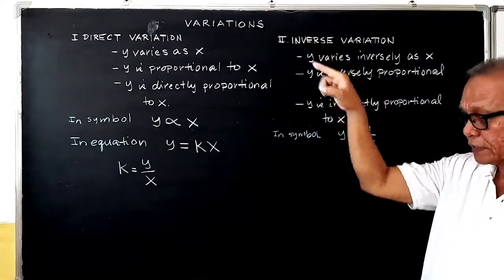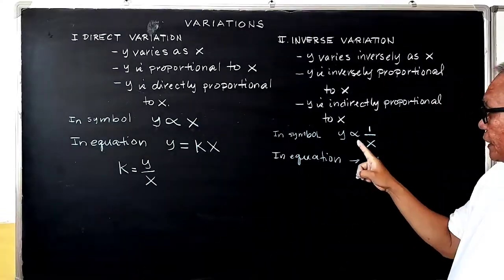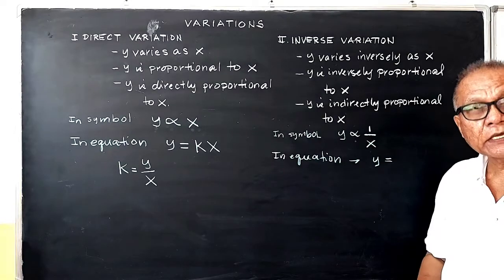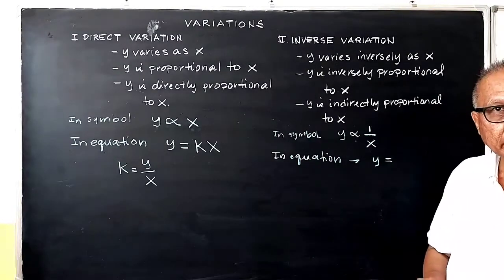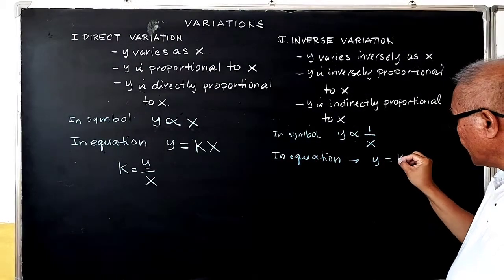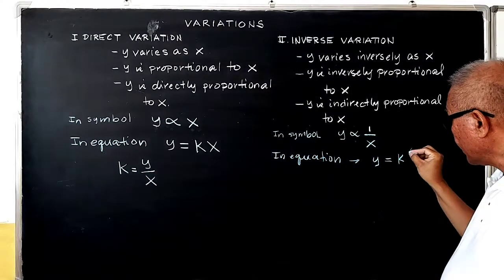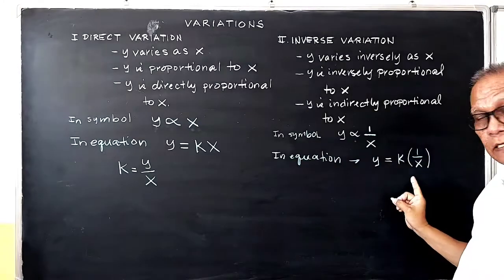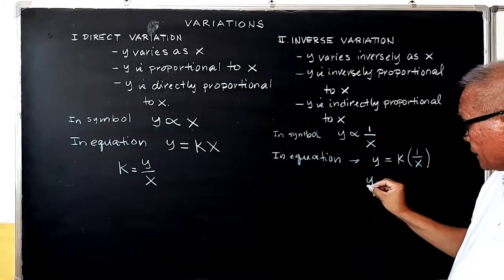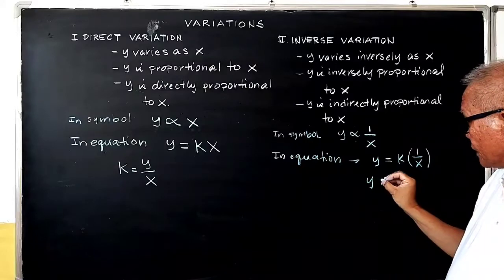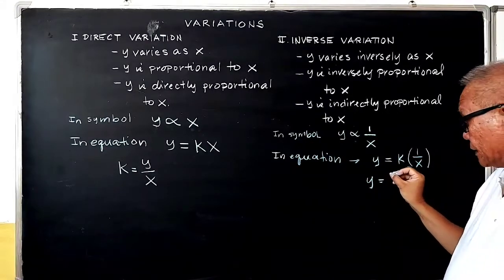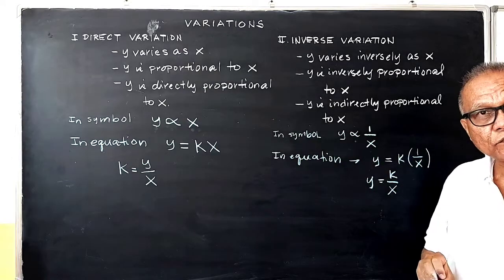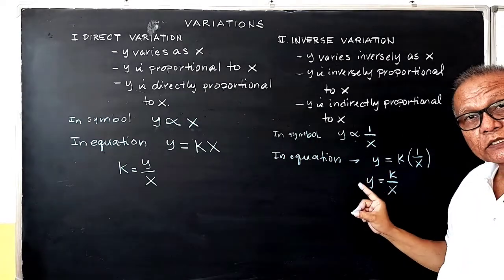It's like up and the other one is down. We change the symbol to equality symbol. Then we introduce our constant k here, multiplied to 1 over x. So we have 1 over x like this. Now when we multiply this, it will give us y is equal to k over x. To solve for k, we just cross multiply.